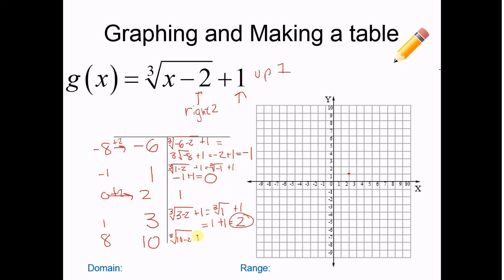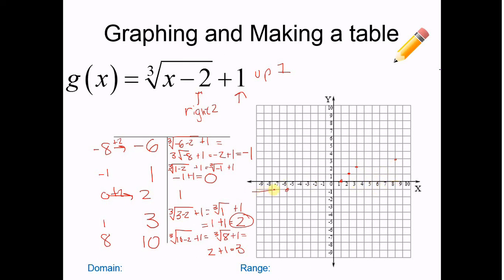10 minus 2 plus 1, that's cube root of 8 plus 1. Cube root of 8, that's 2, plus 1 is 3. So we're going to have the ordered pairs of negative 6, negative 1, 1, 0, right there, 2, 1, right there, 3, 2, right there, and 8, 3, right there.